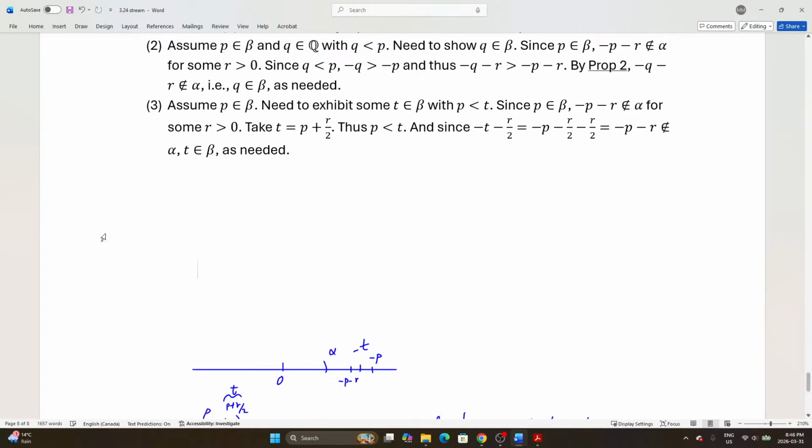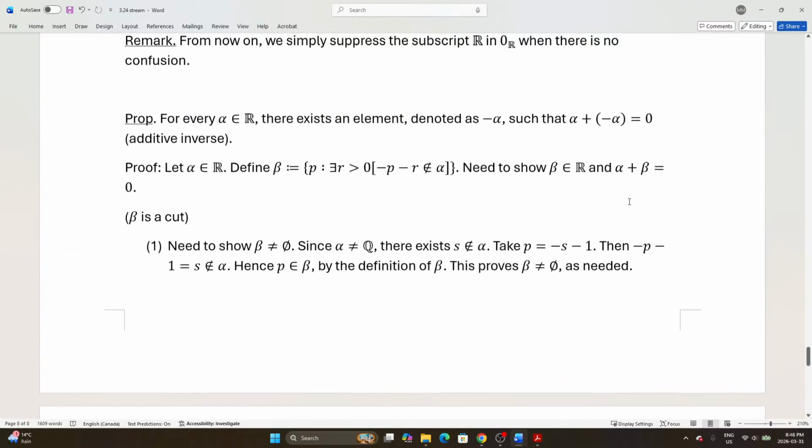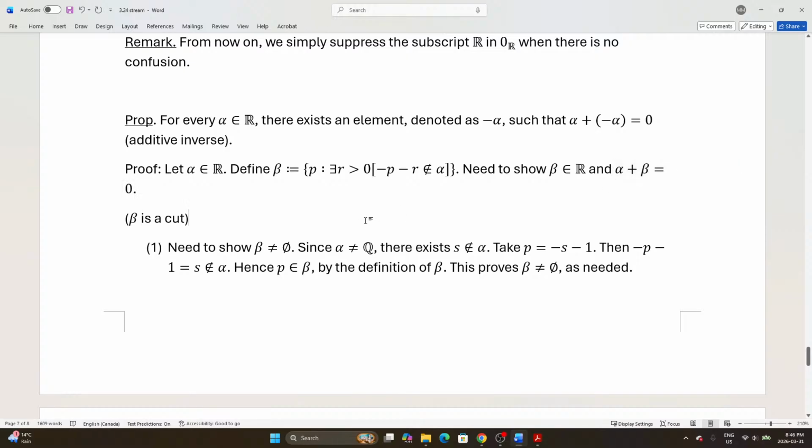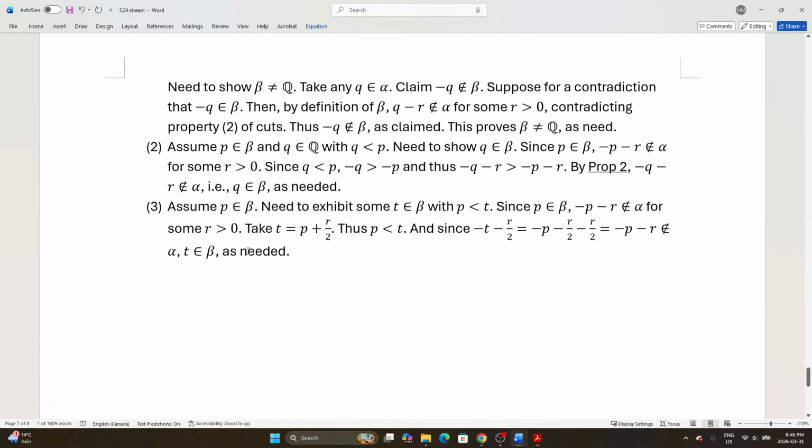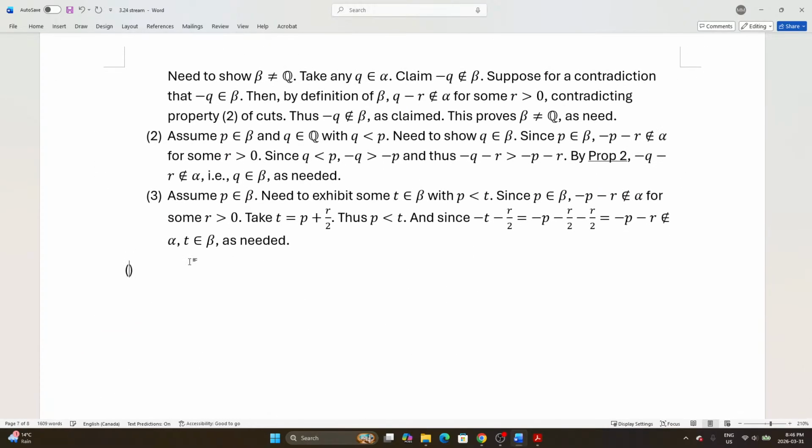What else do we need? We need to verify the final identity, alpha plus beta is 0. So let's go ahead and prove that. Once again, this is a double containment proof.